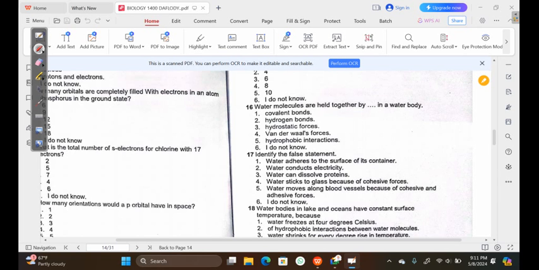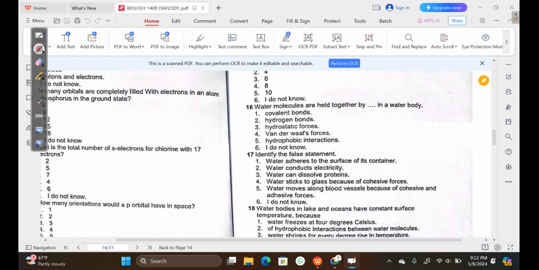Three reads, water can dissolve proteins. True. Four reads, water sticks to a glass because of cohesive forces. False. Then let me finish with 5.